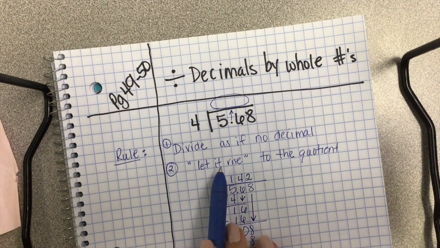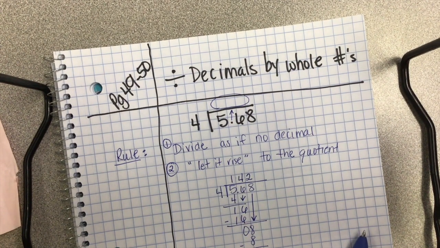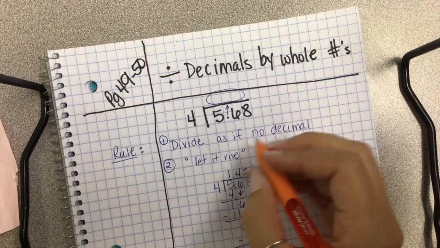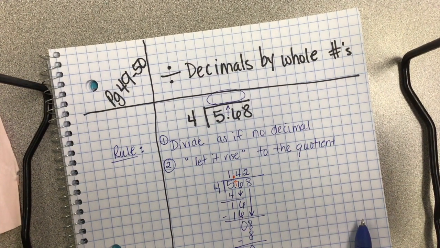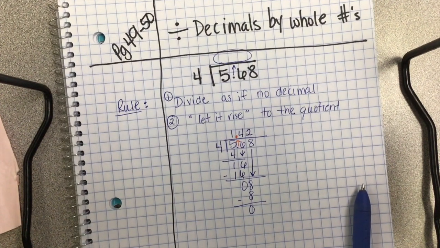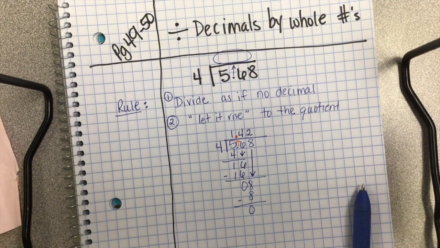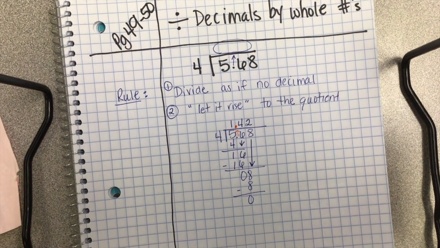And number 2, I let it rise to the quotient, which means I need to bring up that decimal and put it right in the quotient. Perfect.